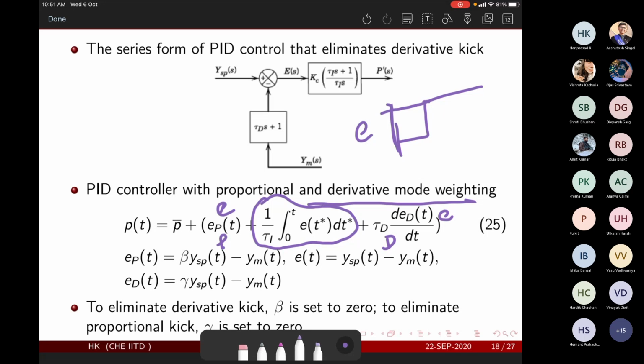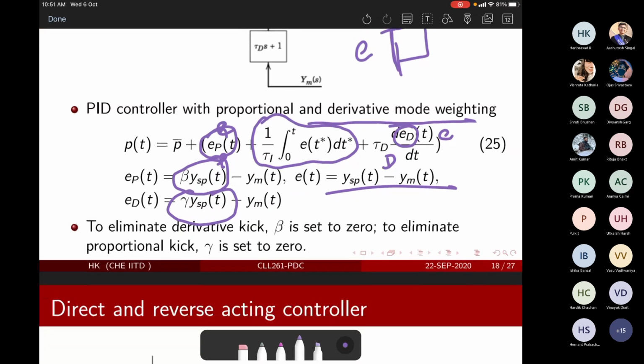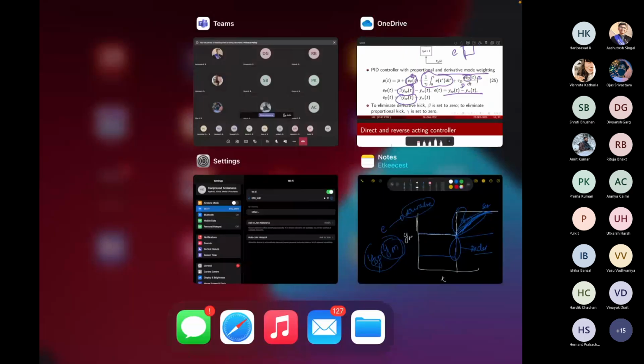a weighted set point, which in this case you call EP and ED. So how do you do this? The EP generally is obtained by multiplying some constant beta with respect to the set point. The integral term would stand as it is, while ED is obtained by multiplying some constant gamma to the set point. So there are multiple options now.